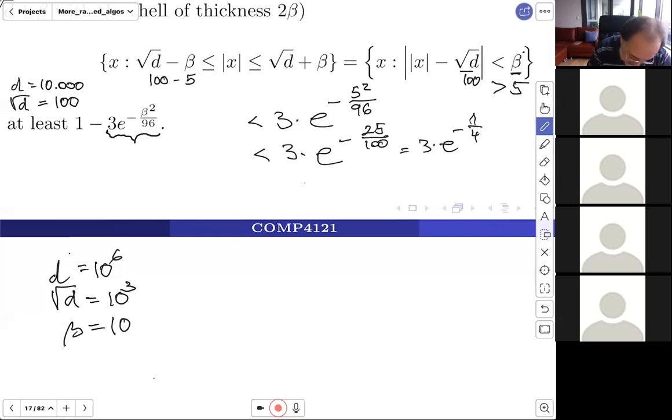Let's take beta, so this is 1000, beta can be 100, right? So now we have the following estimate: the probability that the length of our vector x minus square root of d is bigger than 100.